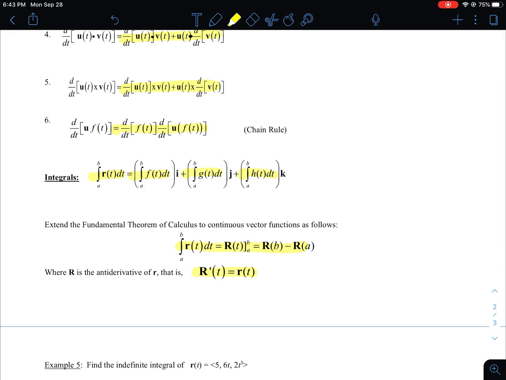Before, when we integrated under a curve, we found all that area. How does that apply now that we're integrating in space? What we're doing right here is just the net change of each component. It's not necessarily the area under the curve.